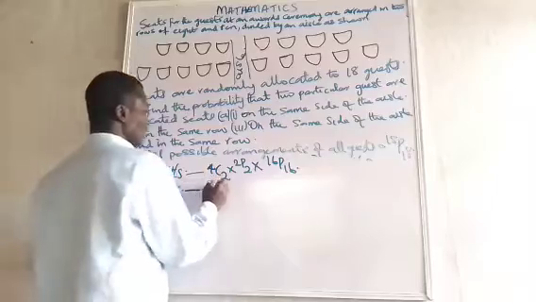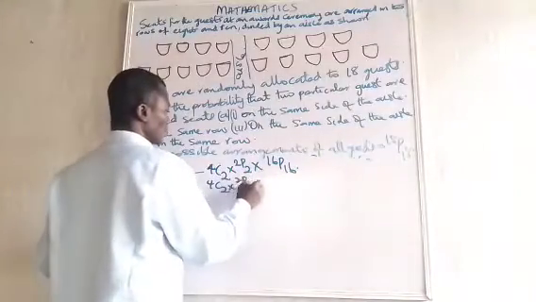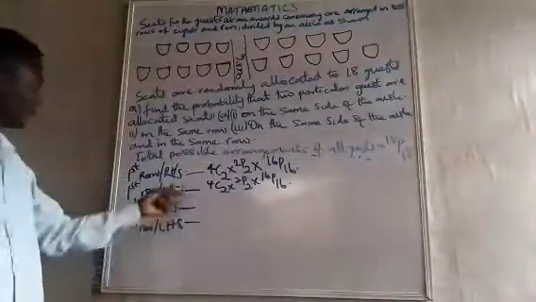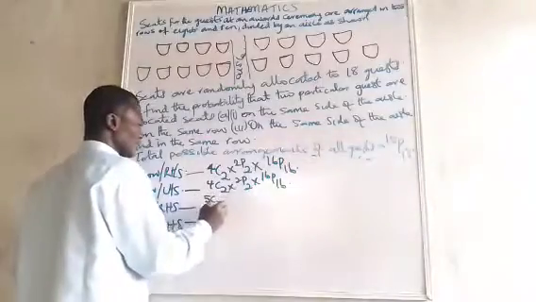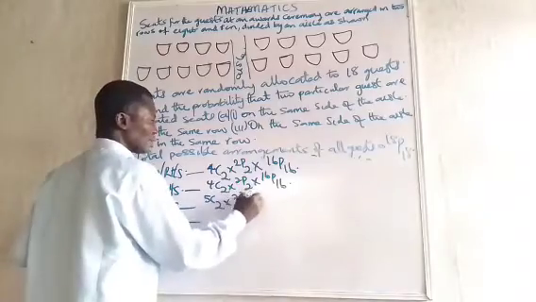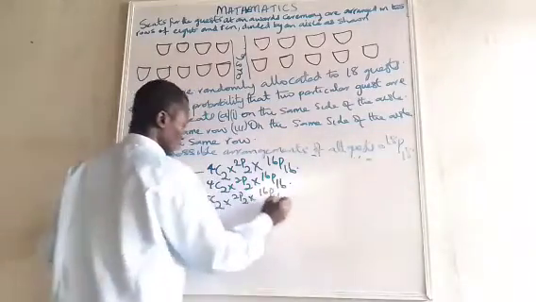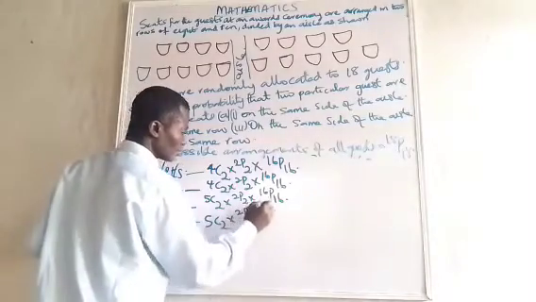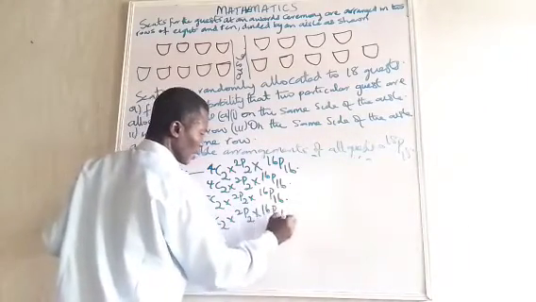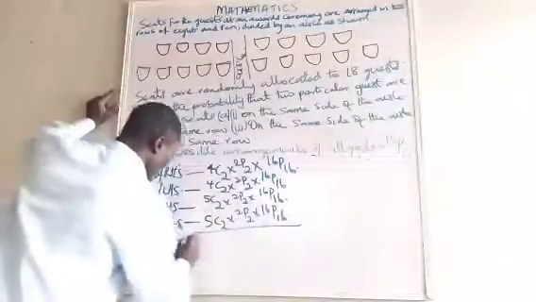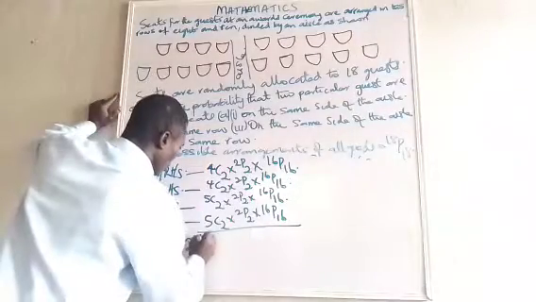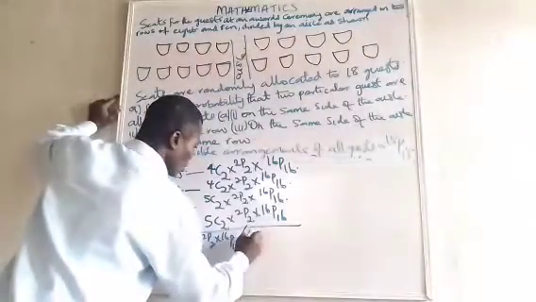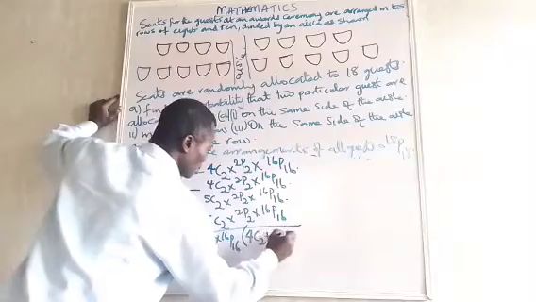Same thing here, 4C2 times 2P2 times 16P16. So here we have 5C2 times 2P2 times 16P16. Again, so total arrangement is going to be 2 times 2P2 times 16P16 into 4C2 plus 5C2.